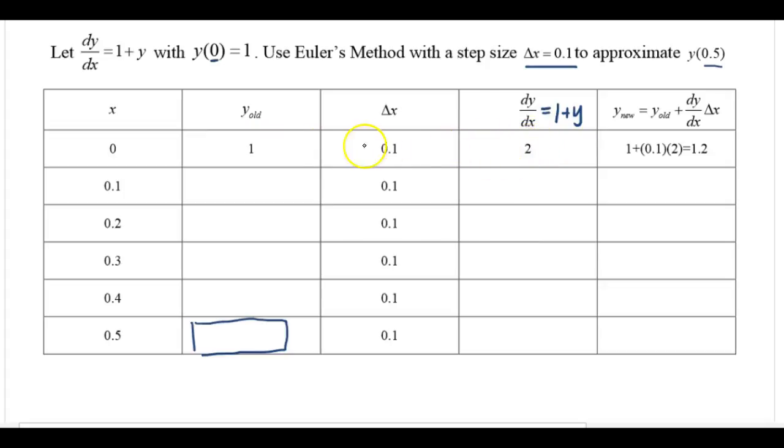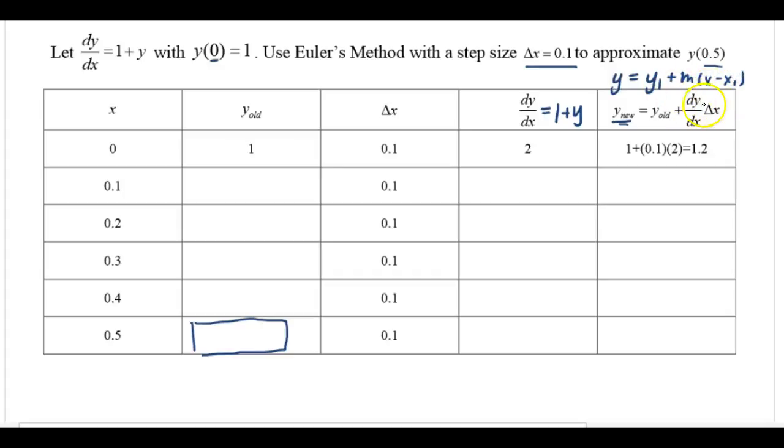And then the question becomes, what do I do with these values? So here's how I'm finding my y new, that's the last value: I'm taking my y old, which was 1, and I'm adding it to my dy dx, my slope, times my change in x. So that was 0.1. So this is really just y equals y1 plus m times x minus x1.